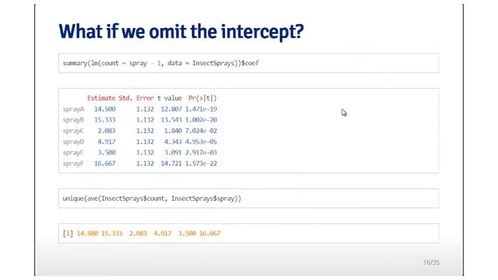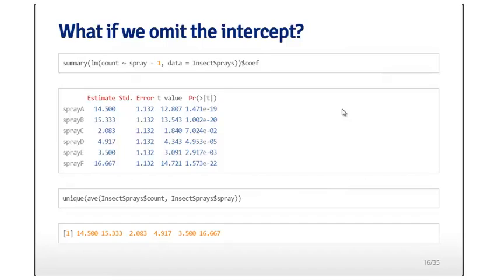Here's another interesting fact. On the previous page we talked about how x6 is a function of the others if you include an intercept. You need that 1. If you don't include the intercept, it's not a function of the others. It's no longer redundant.